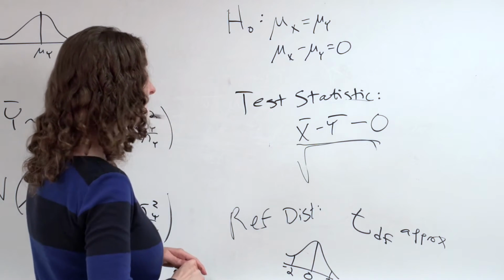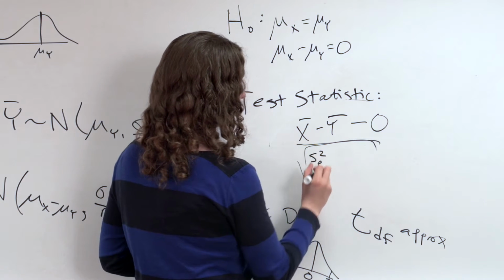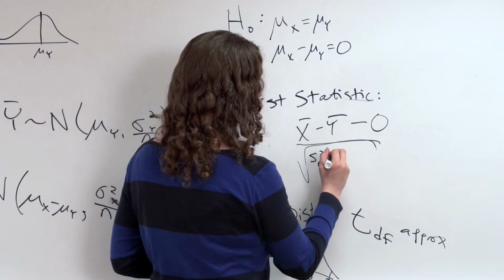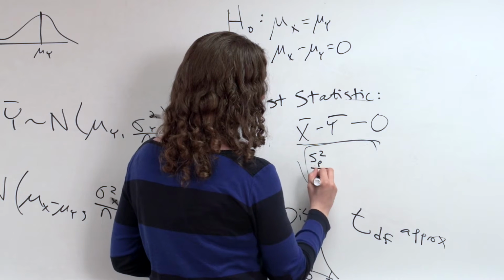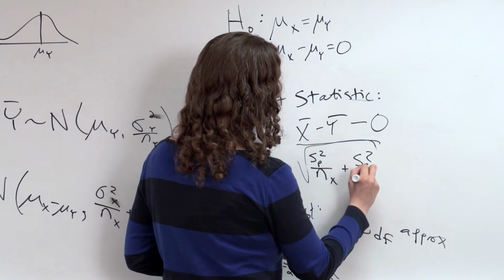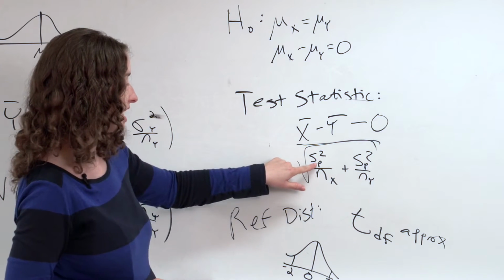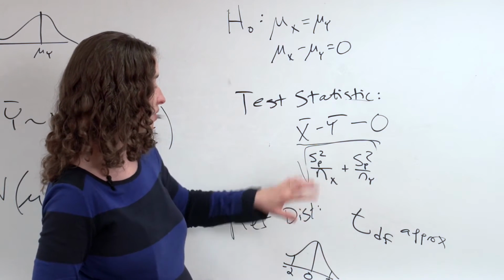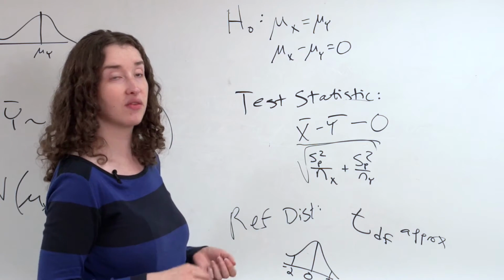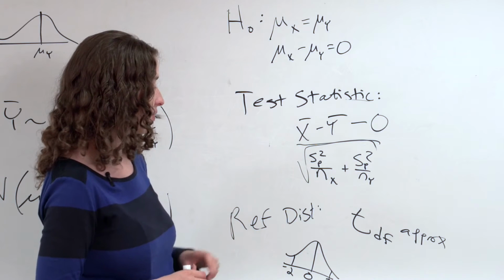And suppose I have an estimate of that quantity, something like, I'll call it SP squared. Turns out that's for pooled, right? Then what I have is SP squared over NX plus SP squared over NY. I'll write out the equation for SP squared in a moment, but the point is, unlike SX squared and SY squared, SP squared is an estimate of the variance that takes into account both data sets, both the X's and the Y's.